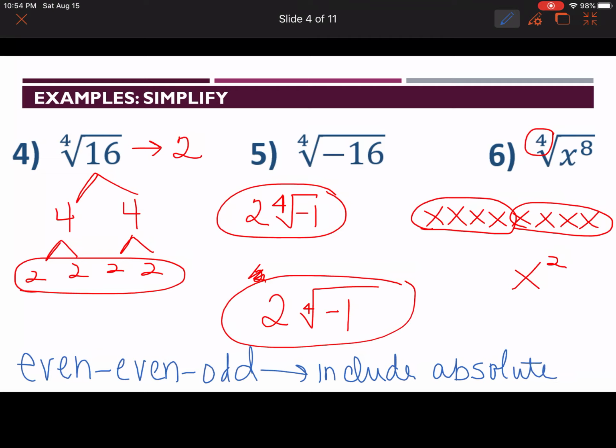So for number 6, I had a 4, an 8, but I ended with a 2. So everything stayed even, so I don't need to put an absolute value around that x squared. But if, for example, I ended with an odd number like x to the power of 3, I would have to put an absolute value around. And I'm pretty sure we have an example like that coming up soon.